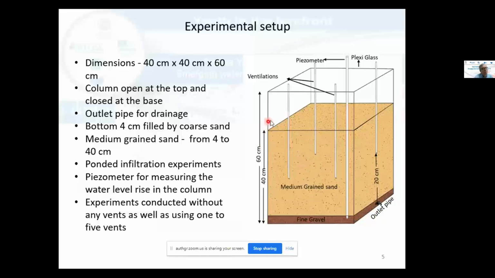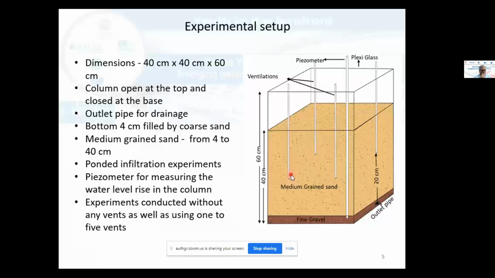In the column, we had conducted ponded infiltration experiments. We used to pond the column by around 10 centimeters, and we used to measure the infiltration rate. A piezometer was provided in the column for measuring the water level rise, and we have provided simple pipes, plexiglass tubes, as ventilations in the column.